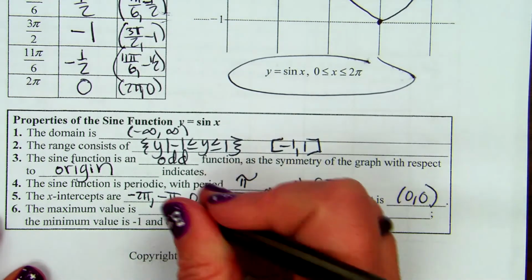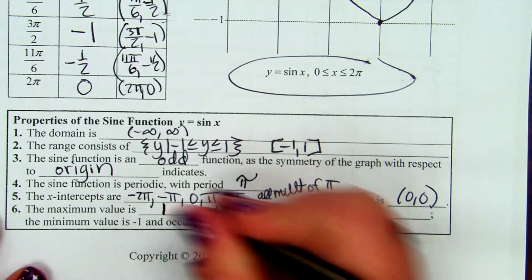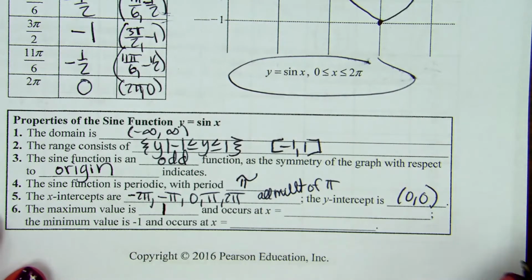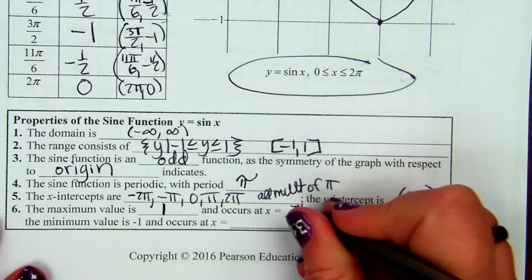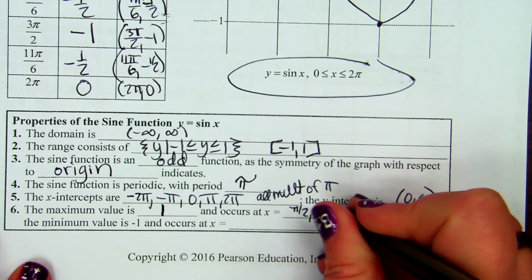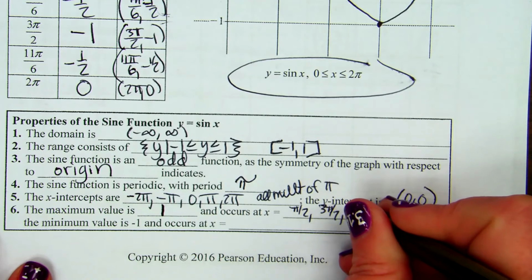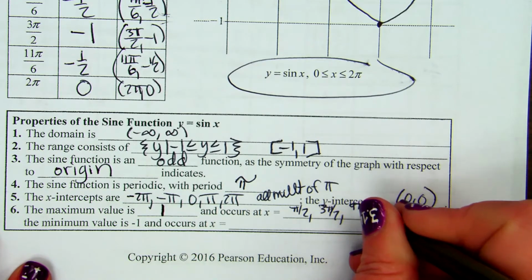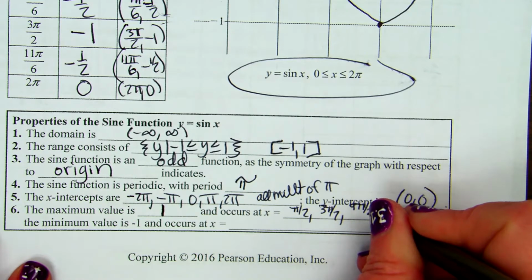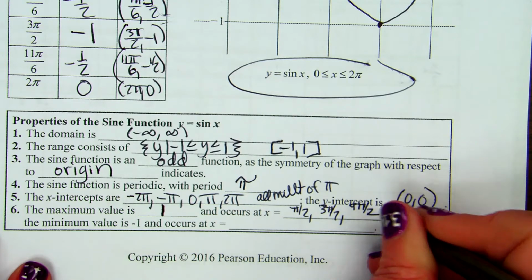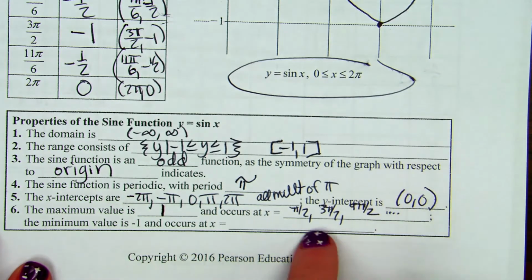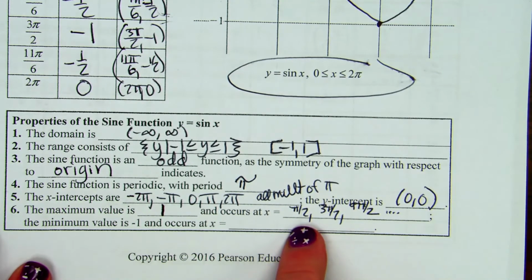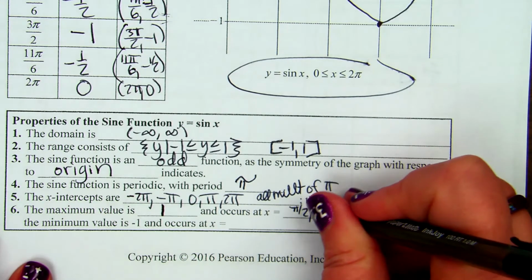The maximum value is 1, and it appears at pi over 2, 5 pi over 2, 9 pi over 2.